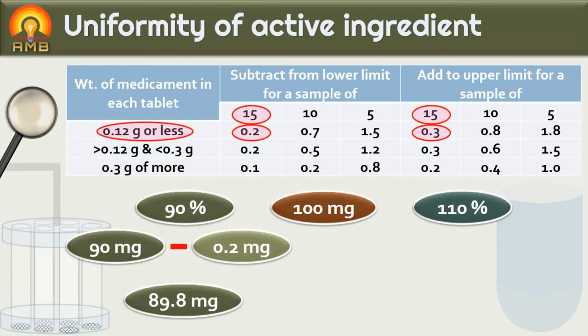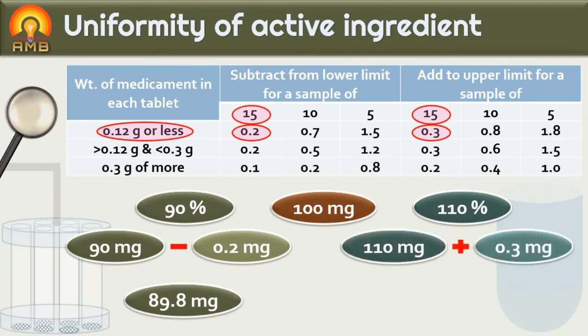Similarly, 110% of 100 mg is 110 mg. 0.3 can be added to this upper limit, that is 110.3 mg. As we take a smaller number of tablets, instead of 110 mg, a maximum of 110.3 mg concentration of drug can be allowed in the tablet.